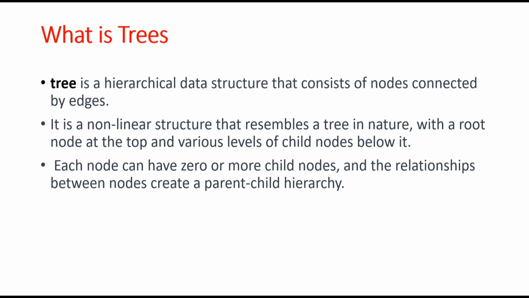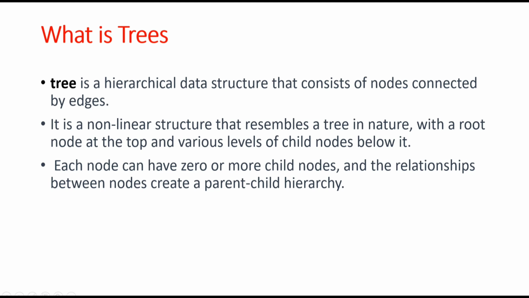A tree is a hierarchical data structure that consists of nodes connected by edges. We already know what nodes and edges are. A node is a collection of entities, and an edge is a connection between two nodes.